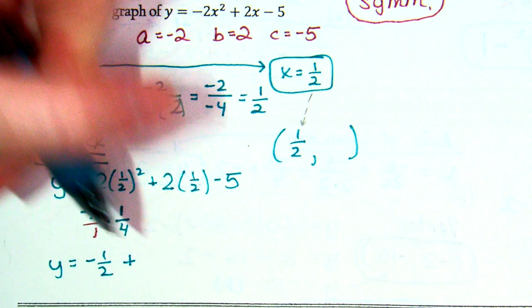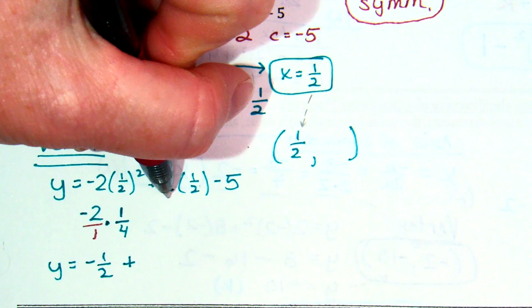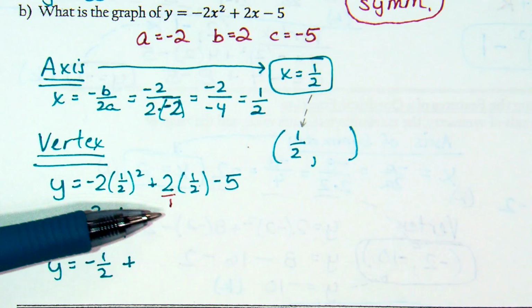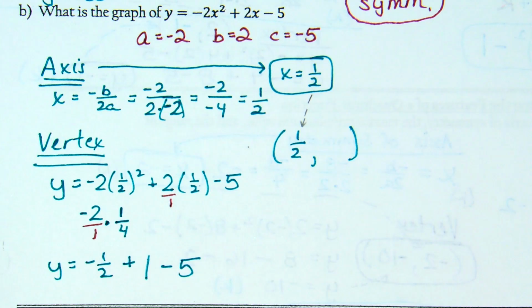Okay. Plus, what about 2 times 1/2? 1, because half of 2 is 1, or if you need it, 2 is a fraction, 2 over 1. 2 times 1 over 1 times 2. 2 over 2, which reduces to 1. And then we have a minus 5.